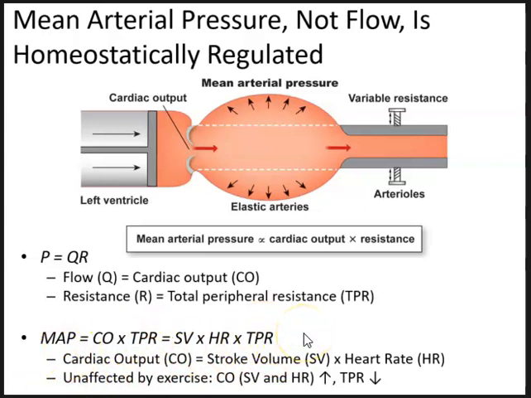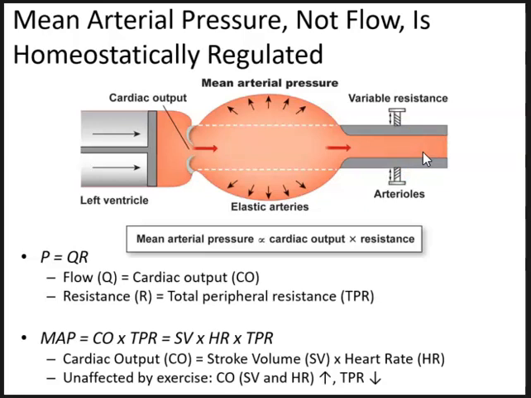Under the condition of exercise, for example, if we have an increase in cardiac output due to an increase in stroke volume and heart rate, and a decrease in total peripheral resistance, this will not affect the mean arterial pressure, because while we are increasing cardiac output, meaning the flow of blood into the arteries, we are decreasing total peripheral resistance, allowing more blood to flow.